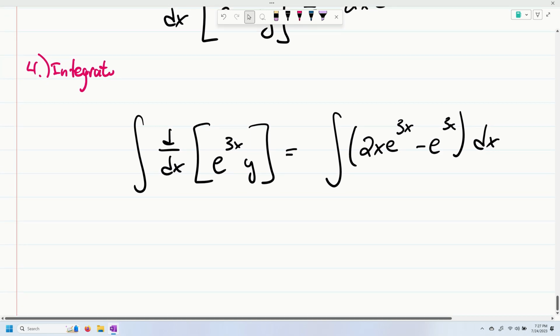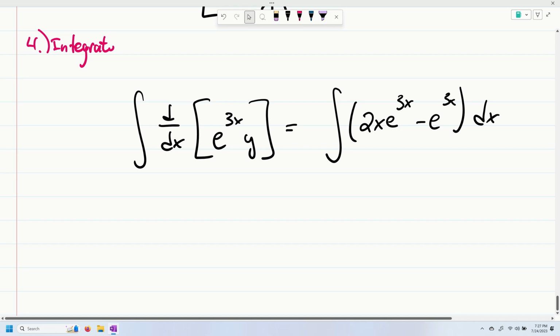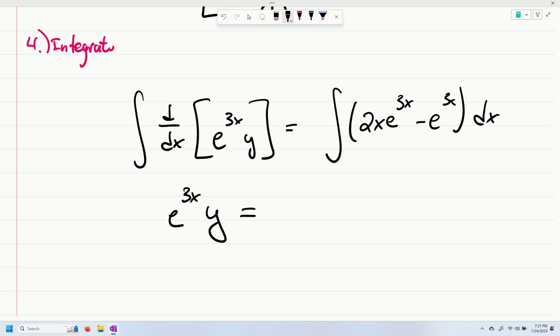Now this is going to be really interesting, because the left-hand side is very easy. You get the integrating factor, e to the 3x, and y. But on the right-hand side, you've got a little bit more work ahead of you. And hopefully you're looking at this going, uh-oh, you're going to have to do integration by parts there.